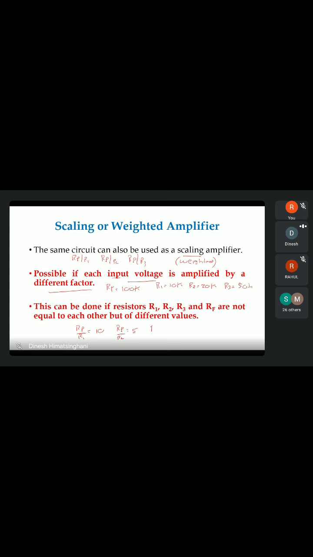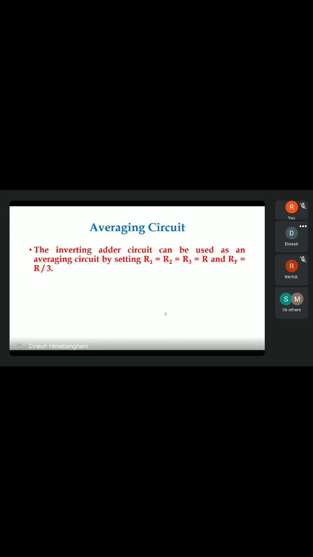It is 5. And what is RF upon R3? It is 2. So V1 is amplified by a factor of 10, V2 is amplified by a factor of 5, and V3 is amplified by a factor of 2. This can be done if the resistances are not equal to each other but of different values. This is what I've shown you now.